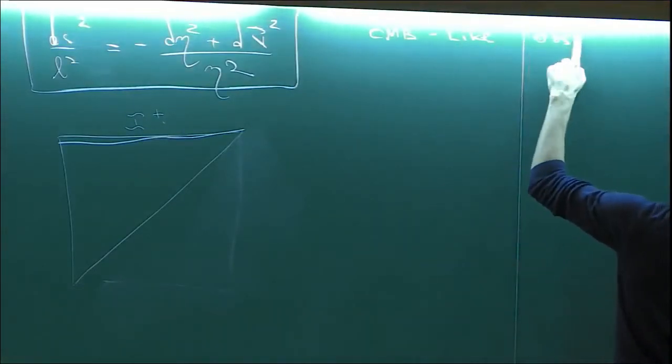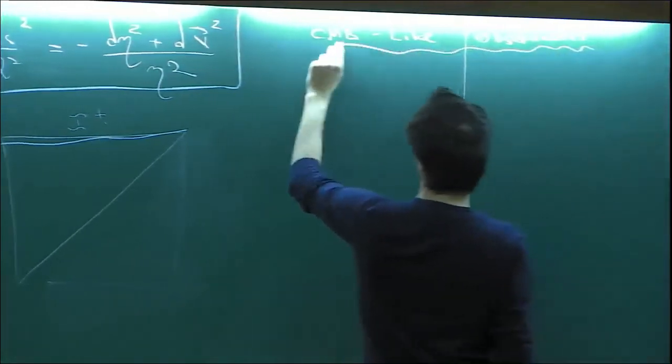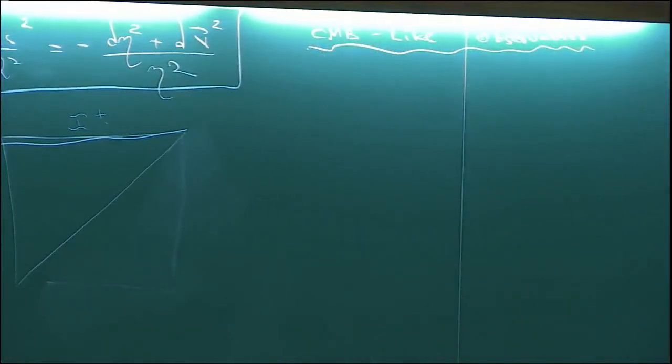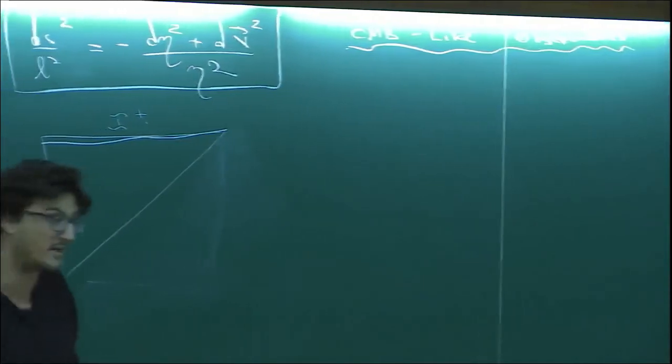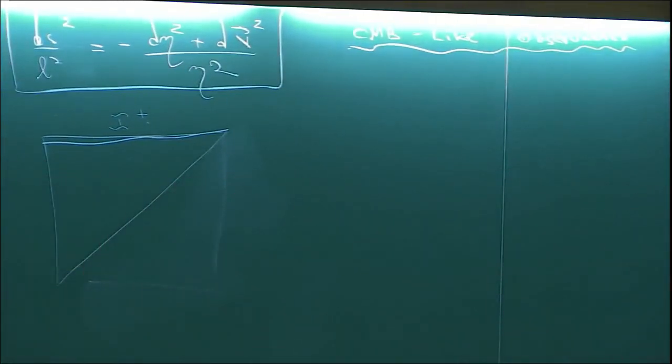Now, in addition to being suggested by the CMB type calculations, it's also structurally nice, mathematically nice, because as we saw yesterday, the late time features of the classical field separated into objects that transform nicely under the symmetries of the problem.